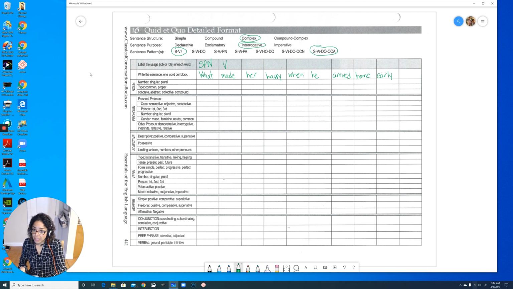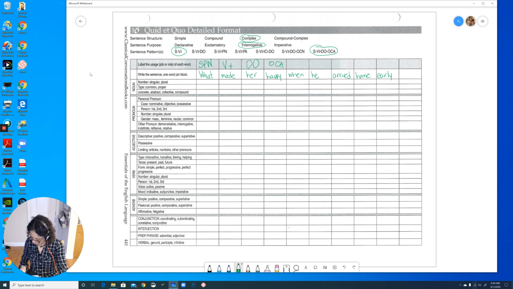Can her replace or describe what? No, it can't. So that becomes our direct object, and we're going to label verb transitive. Can happy replace, describe, or follow her? Yes, it can describe her. So that becomes our object complement adjective. You guys get that? We've been doing it a few weeks, so I'm hoping that you're getting it.